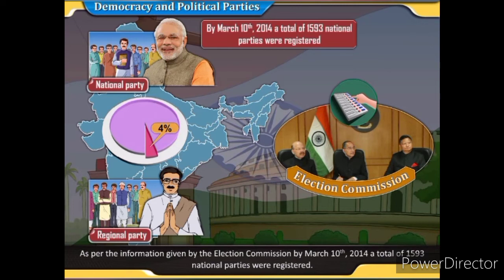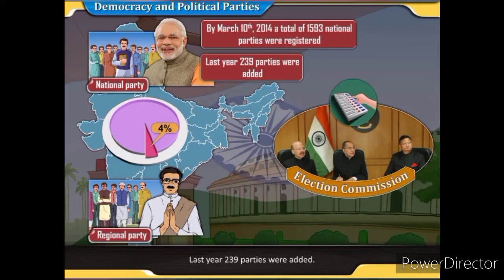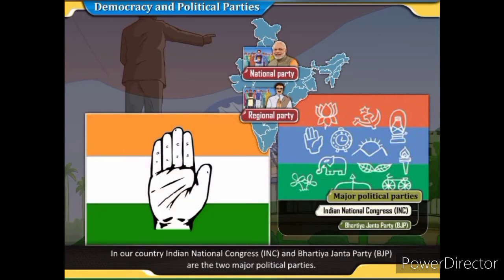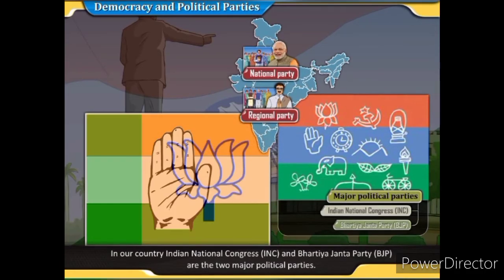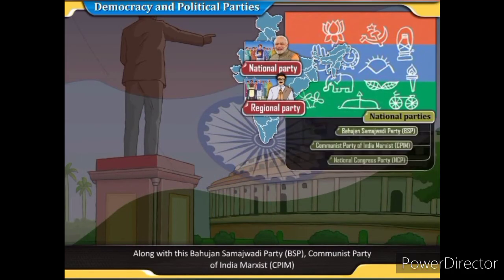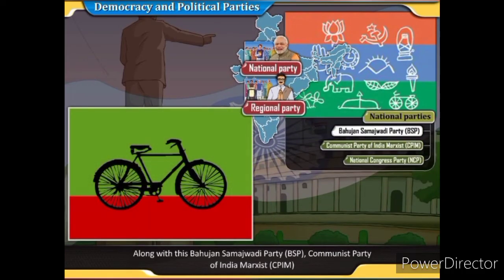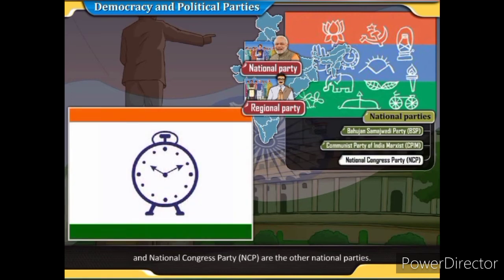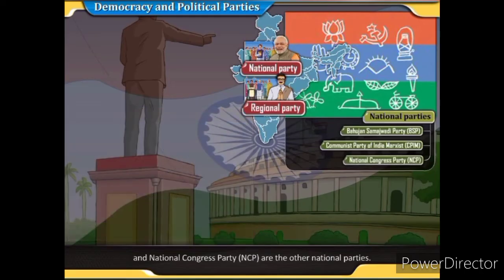As per the information given by the Election Commission by March 10, 2014, a total of 1,593 national parties were registered. Last year, 239 parties were added. In our country, Indian National Congress or INC and Bharatiya Janata Party BJP are the 2 major political parties. Along with this, Bahujan Samajwadi Party BSP, Communist Party of India Marxist CPIM and National Congress Party NCP are the other national parties.